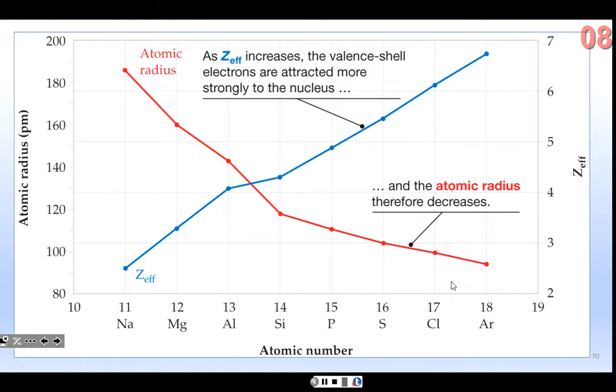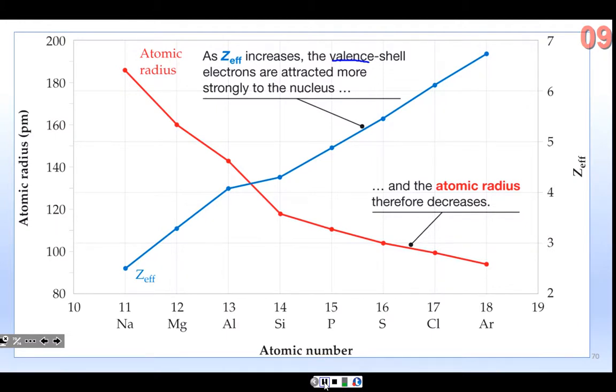The effective nuclear charge tells us how much charge is perceived or effectively occurring on an electron in a particular shell. So the effective nuclear charge expresses how the valence shell electrons are attracted to a nucleus. And so what effect that has on the atomic radius is shown in this chart.